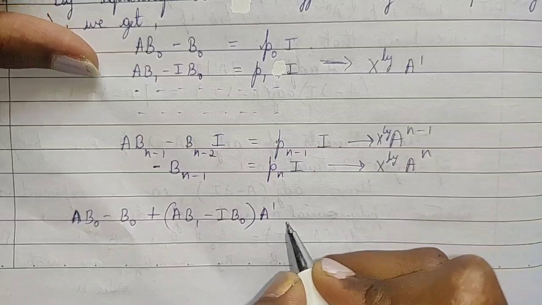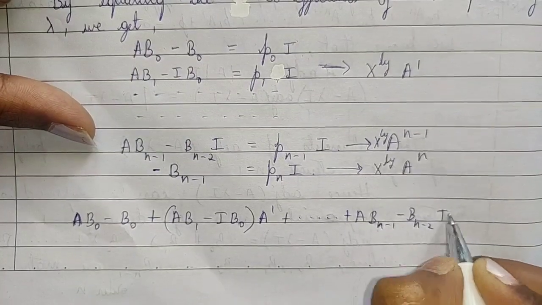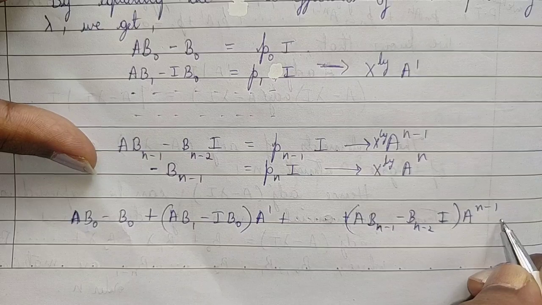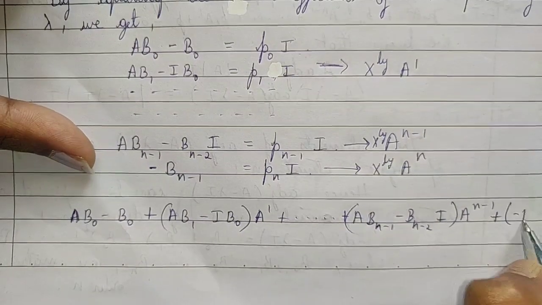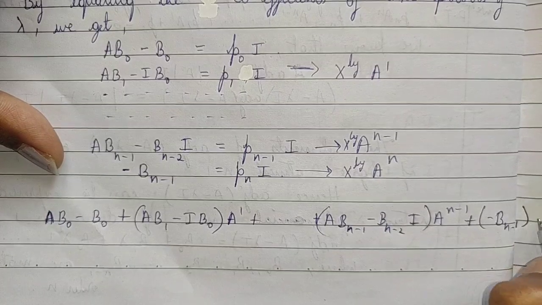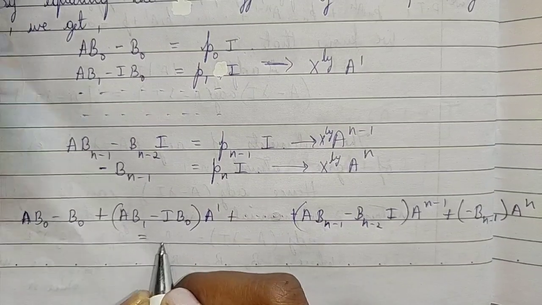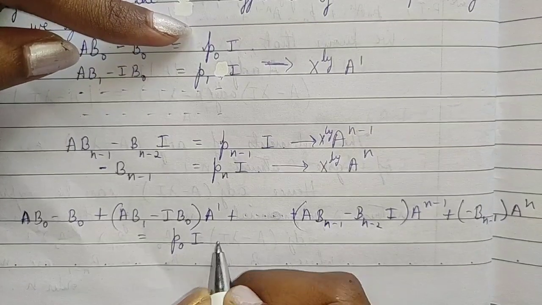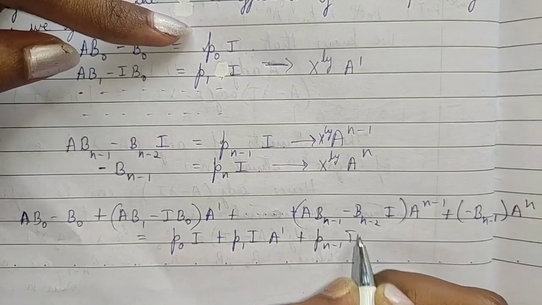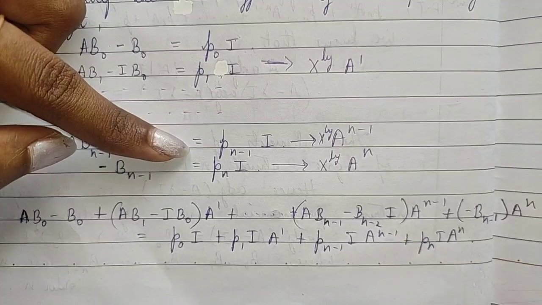A1, plus etc. plus A B n minus 1 minus B n minus 2 into I into, we had to multiply with A to the power of n minus 1, again plus, into minus, okay, we'll take it as minus B n minus 1 into A to the power of n, is equal to, now RHS: P naught I plus P1 I into A power 1 plus P n minus 1 I into A to the power of n minus 1 plus P n I into A to the power of n.